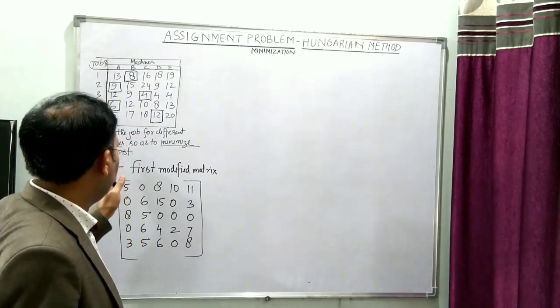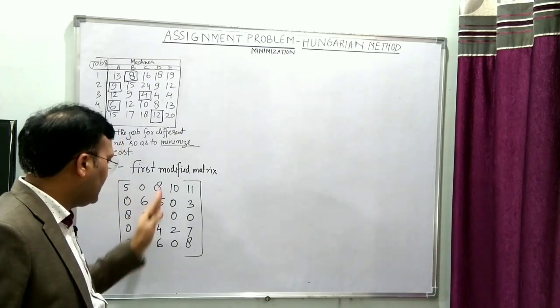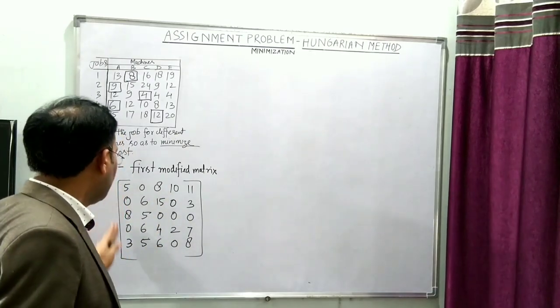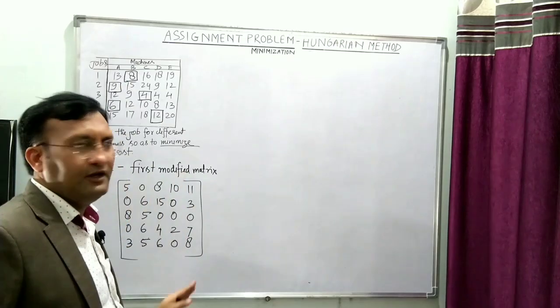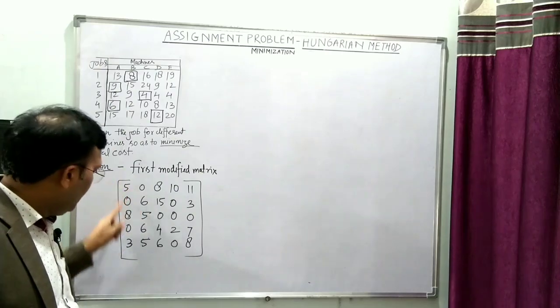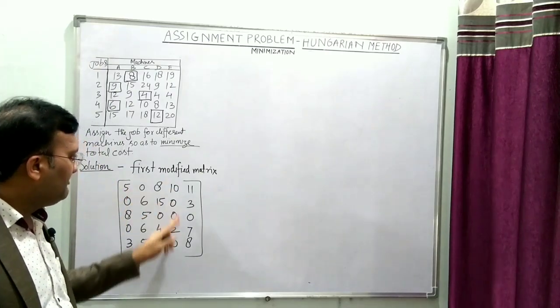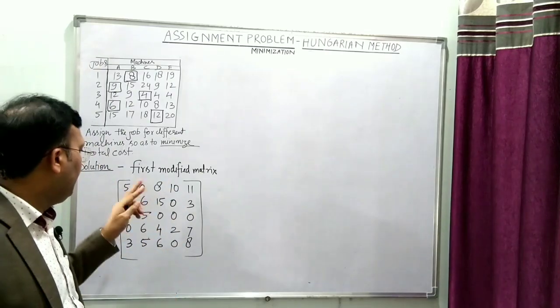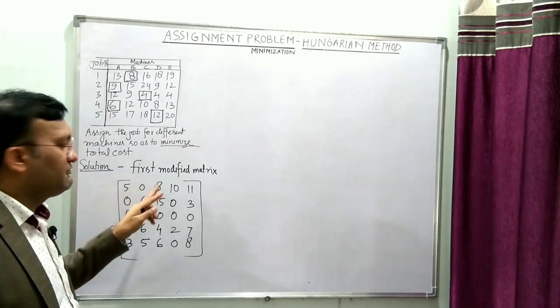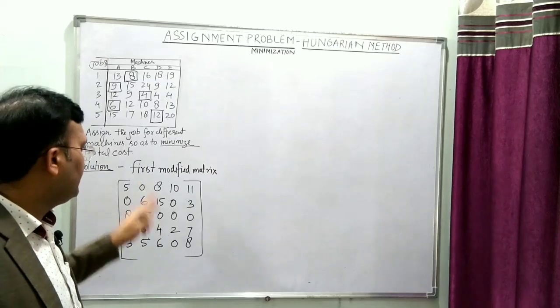We need to find out the minimum element in different columns, and then deduct that minimum element from all the elements of the respective columns. So look at the board, you can see that in all the columns the minimum element is 0. So when we deduct 0 from all the elements, there will be no change in the columns.